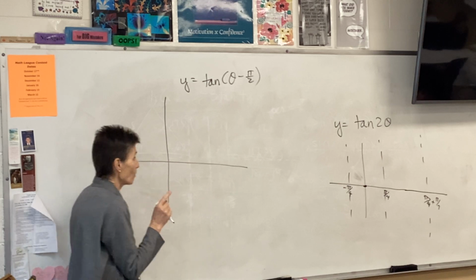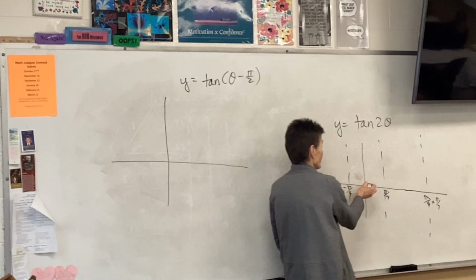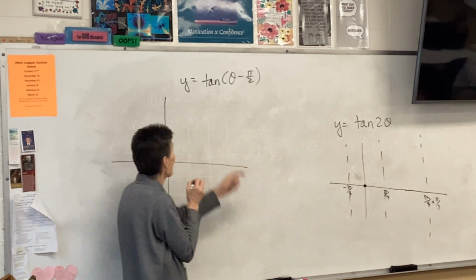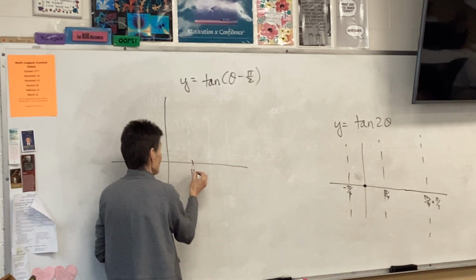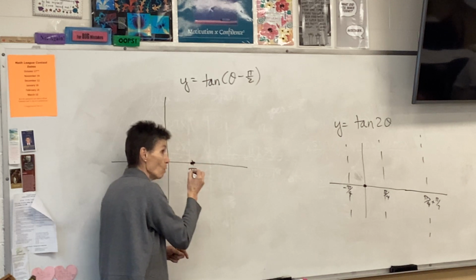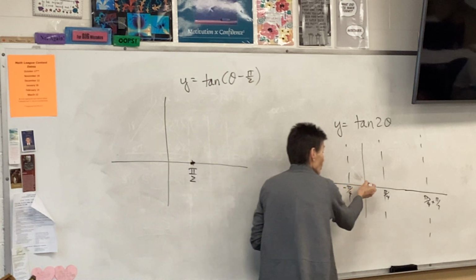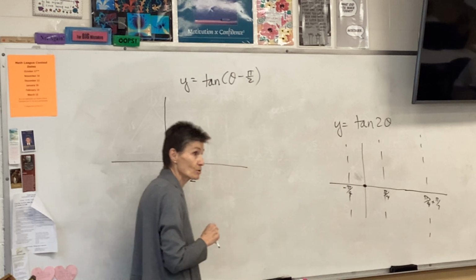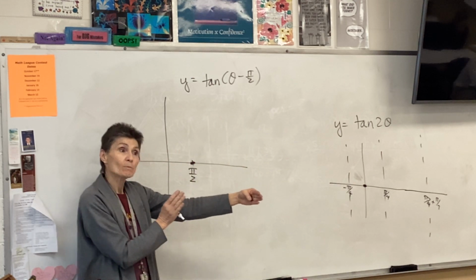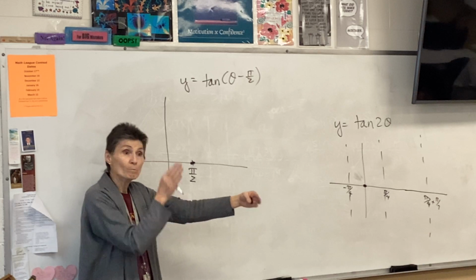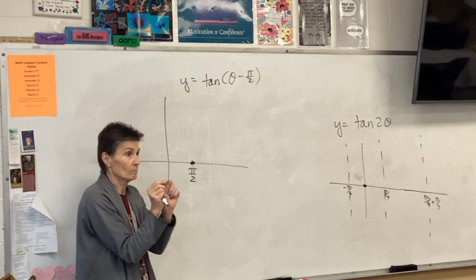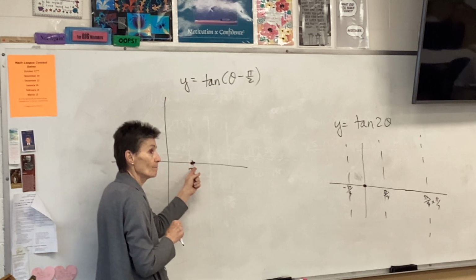That means that what used to happen at the origin now happens at pi over 2. So that 0 that happens at the origin in a regular tangent moved. Just like with the sine, when you move the hills and valleys, we're moving our 0. And it's moving to here.